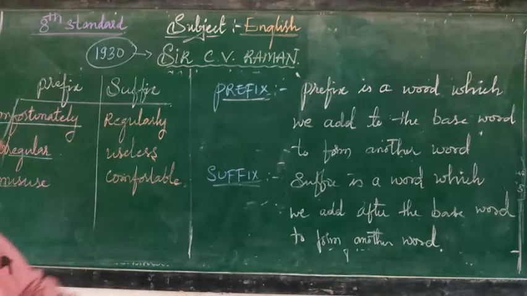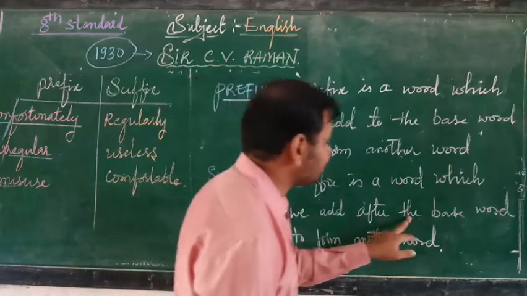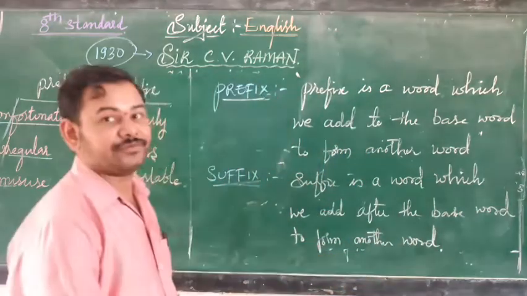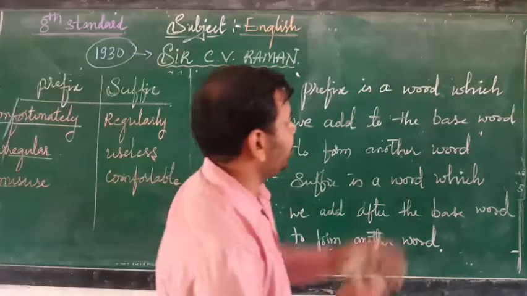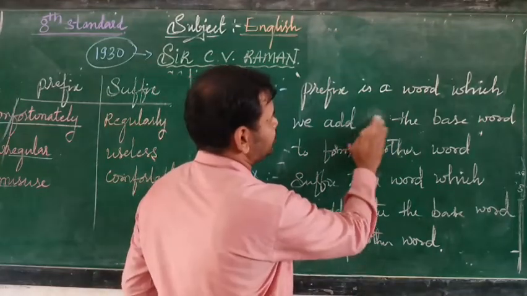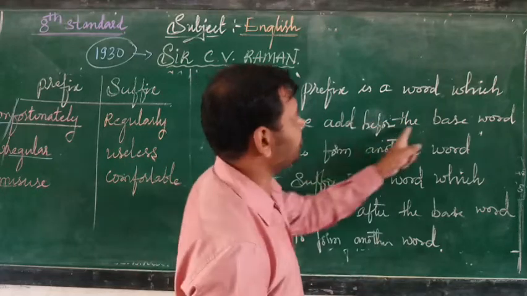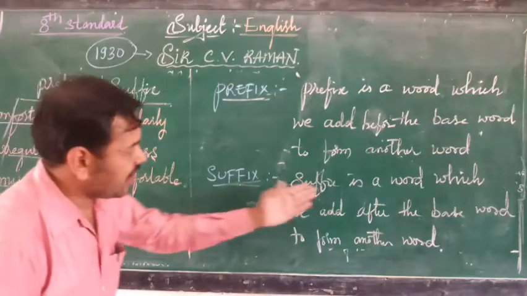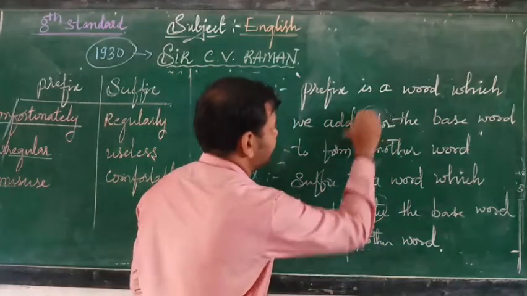My dear student, suffix is a word which we add after the base word to form another word, that is called suffix. Whereas prefix is a word which we add before the base word to form another word. Then suffix after the base word. You must observe this after and before.